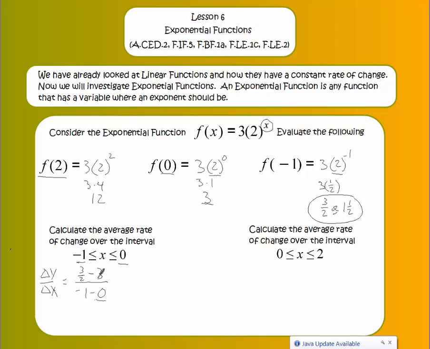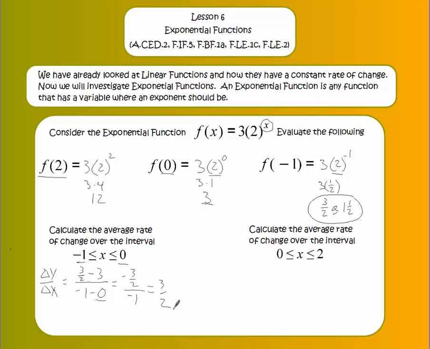So 3 halves minus 3. Well, this 3 is the same thing as 6 halves, and that would tell me I have negative 3 halves over negative 1. In other words, I just have a positive 3 halves. So the rate of change is 3 over 2. In other words, the slope between these 2 points would be 3 over 2.